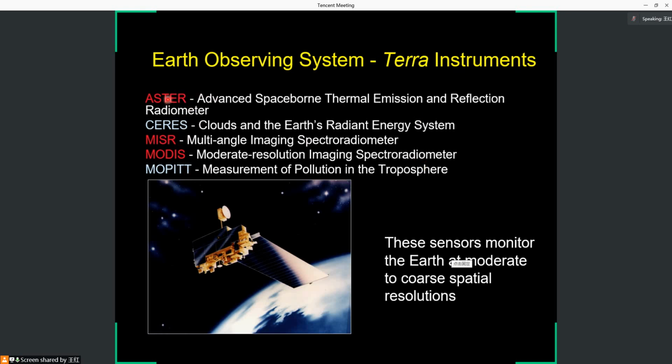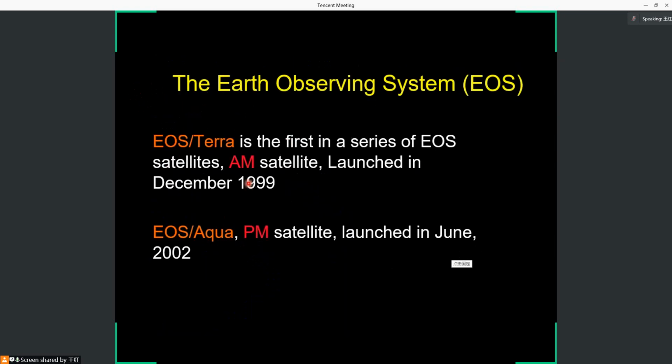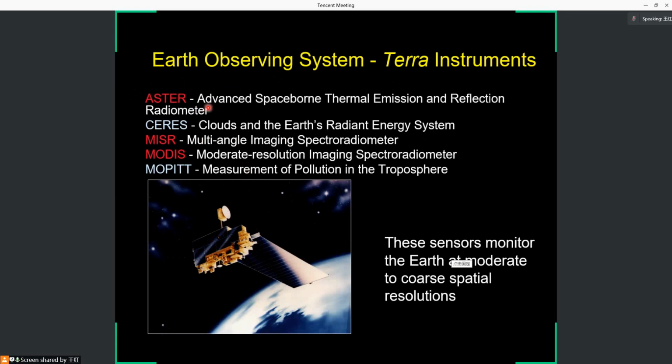I think ASTER is the same as Landsat TM, but not very popular because it launched in 2000, while Landsat launched in the 1970s or 1980s, so it has a long history.